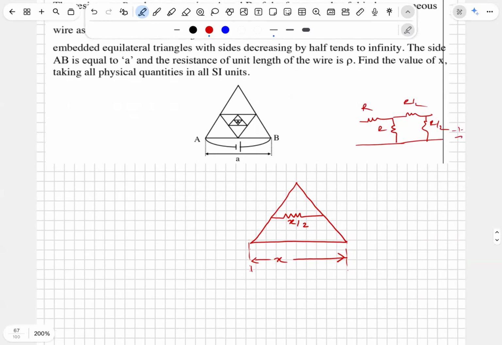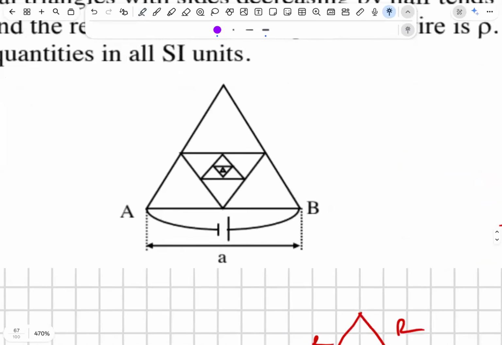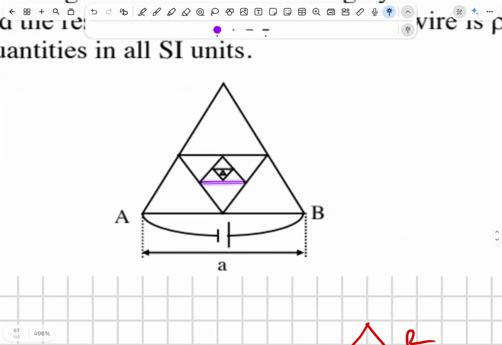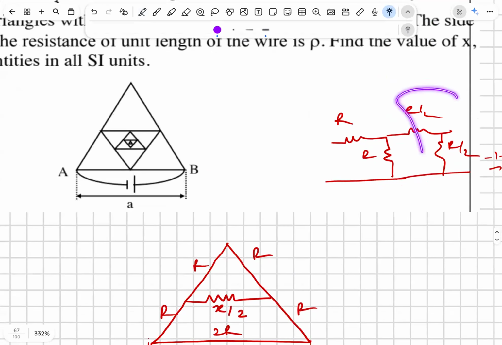Now each side we will take as r, 2r. Yes, I am taking this part as r. It is infinite. For example, take this as x, this becomes 2x. Why? Here I took this as x, equated this as x by 2, and I took this part as x. Same technique.